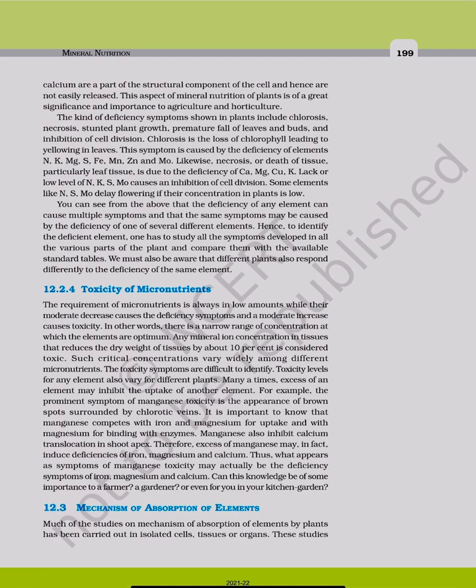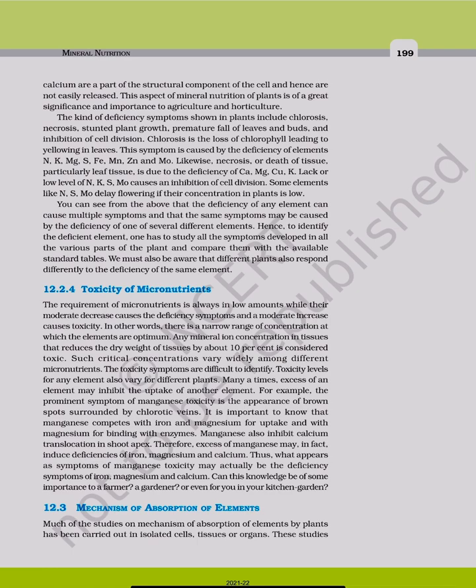This aspect of mineral nutrition of plants is of great significance and importance to agriculture and horticulture. The kind of deficiency symptoms shown in plants include chlorosis, necrosis, stunted plant growth, premature fall of leaves and buds, and inhibition of cell division.